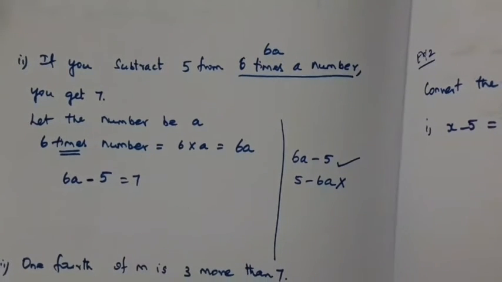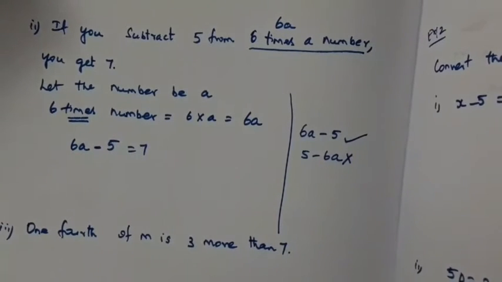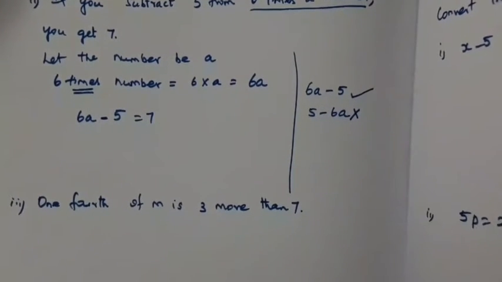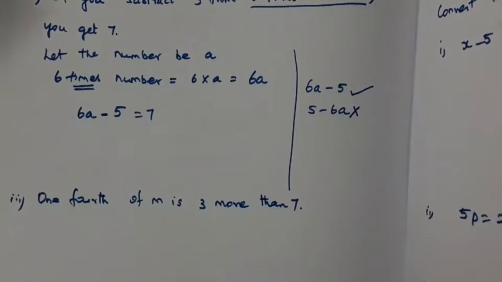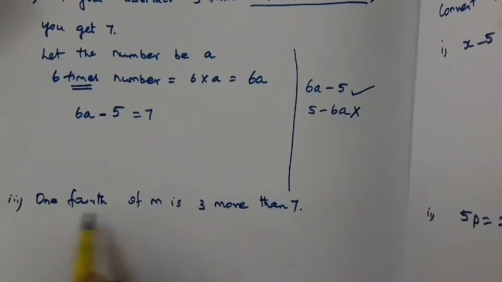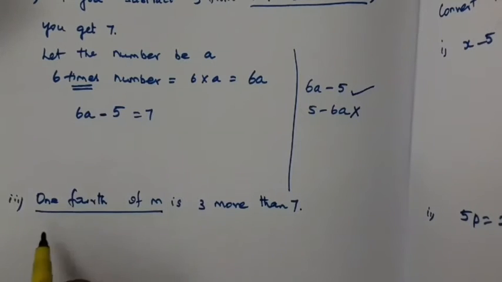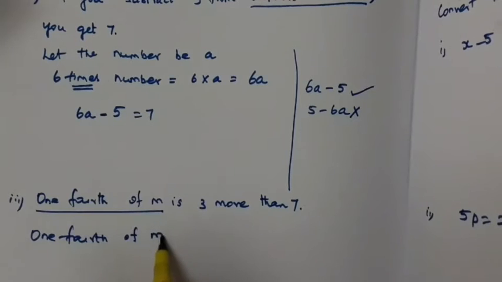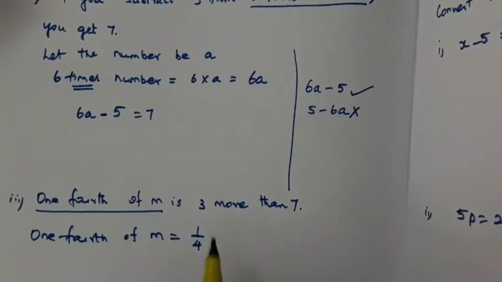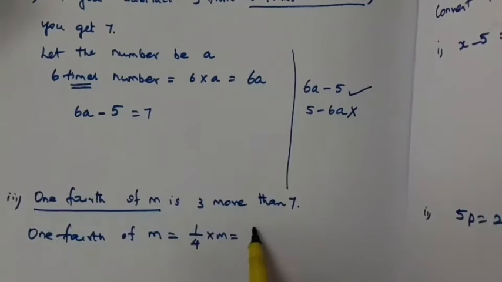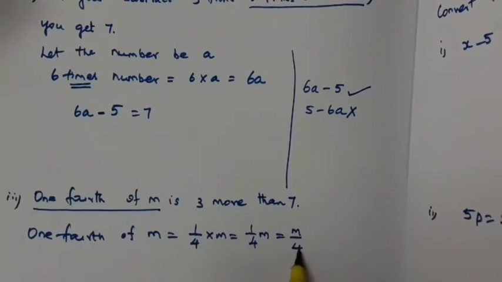Okay. The next problem is 1/4 of m is 3 more than 7. What is 1/4 of m? This is from fractions, you know that 1/4 of m you can write as 1/4 m, or 1 multiplied by m is m divided by 4.